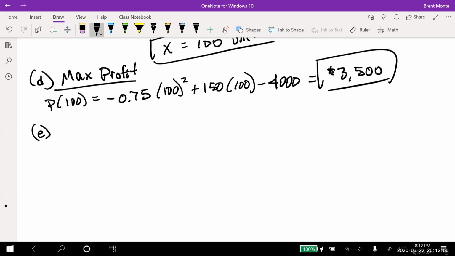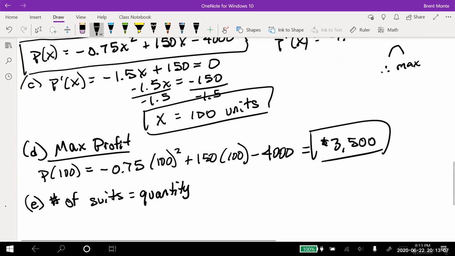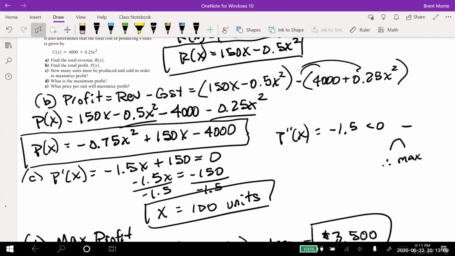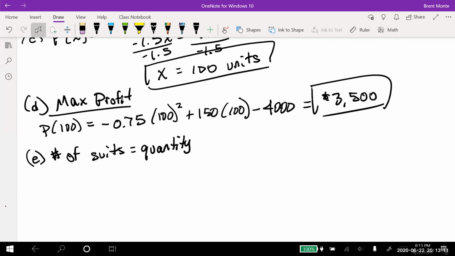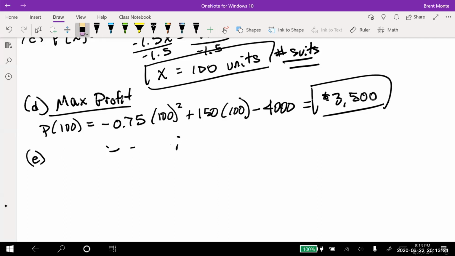Well, suits, that's the quantity. Wait, it doesn't say the number of suits. It says what price should we charge? Good heavens, I was just looking up. I already said 100 units. That was the number of suits.